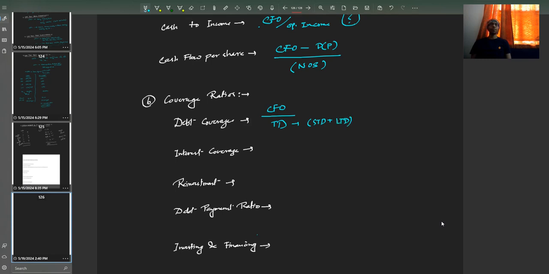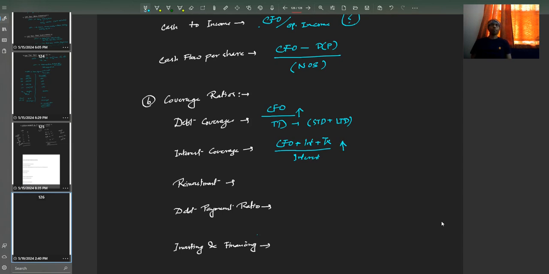So obviously you want this number to be high. Interest coverage. This is equal to CFO plus interest paid plus taxes paid divided by interest. This multiple should be as high as possible, preferably.